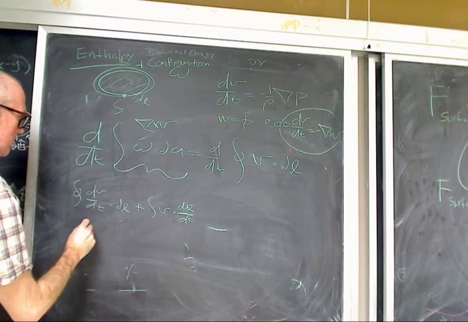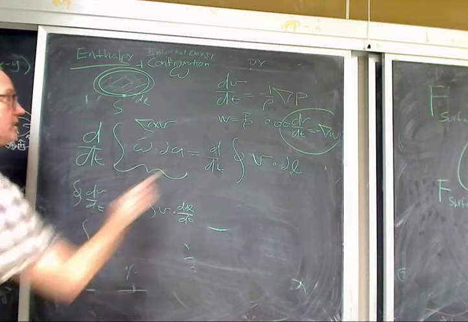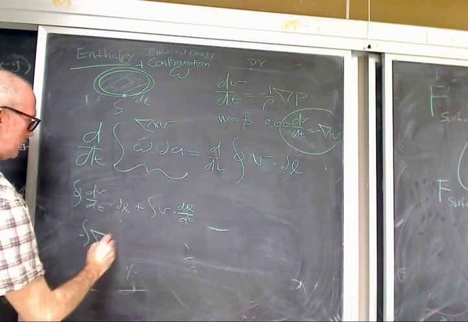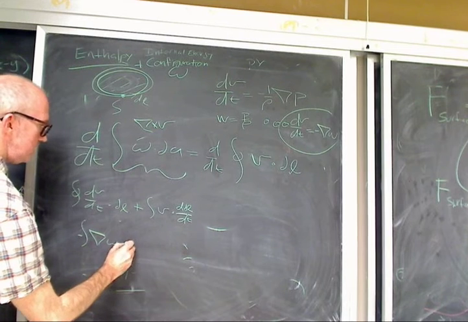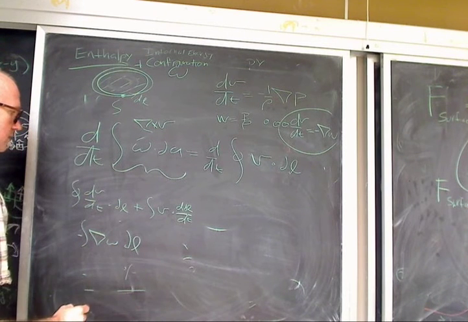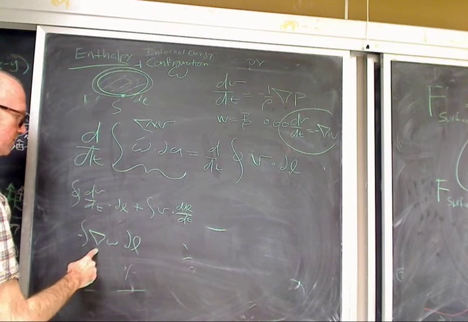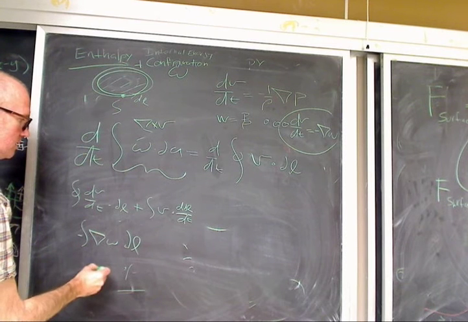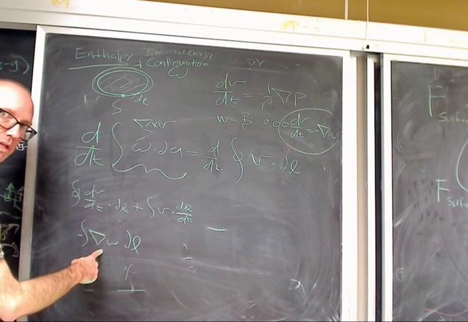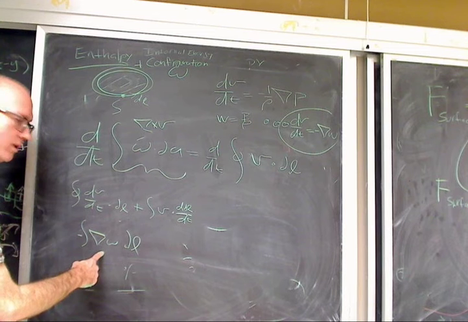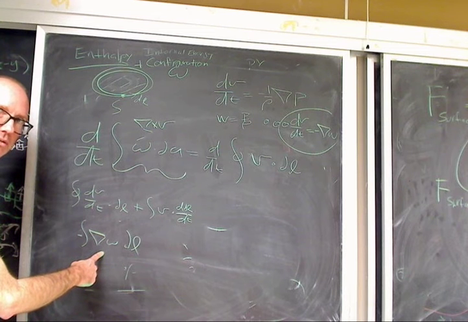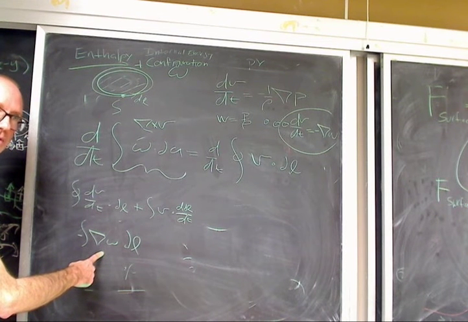Let's talk about this guy first. This is the integral of dV dt, which is minus grad W dl. The integral of a derivative is the thing at the endpoints. It's a circle, I go back to where I started. What is this integral? 0. Does everybody see that?